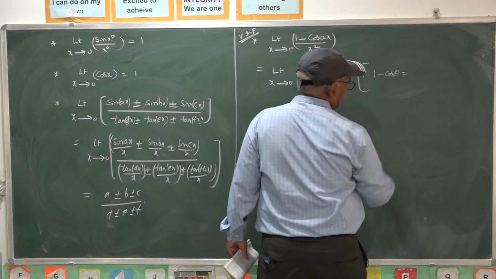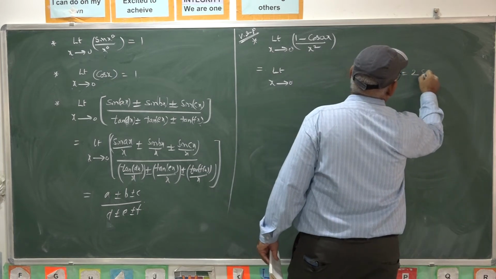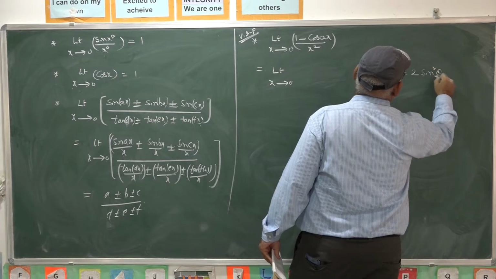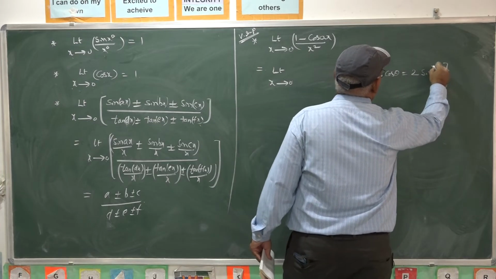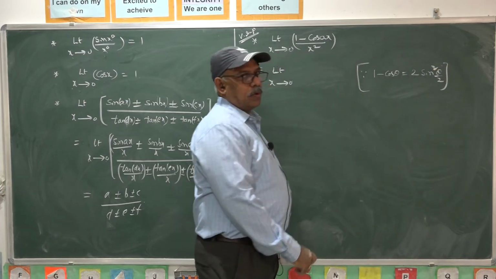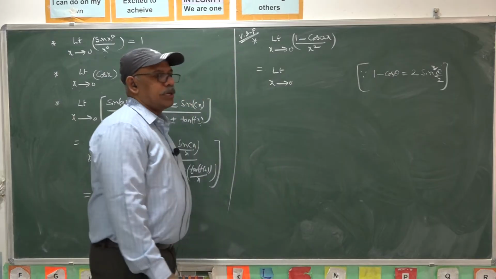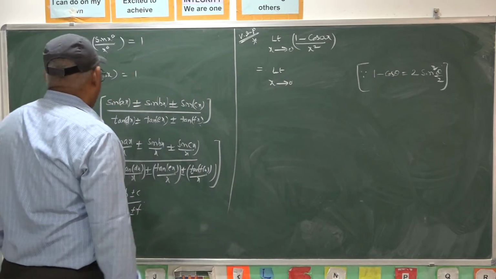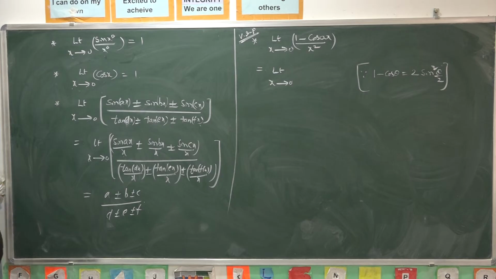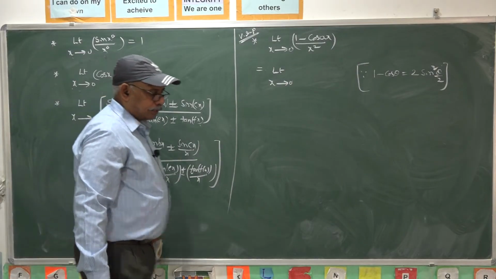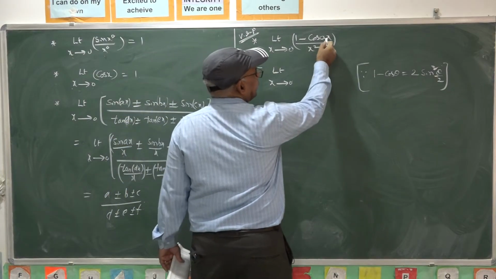From trigonometric results, 1 minus cos theta is 2 sin square theta by 2. Here theta is ax.